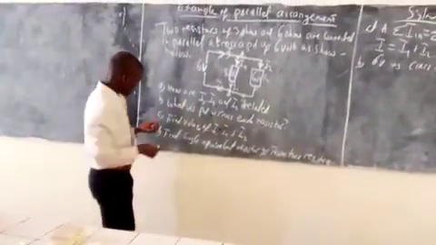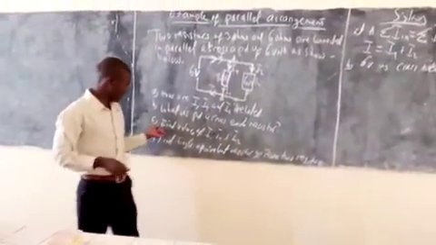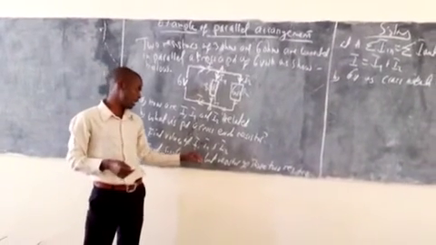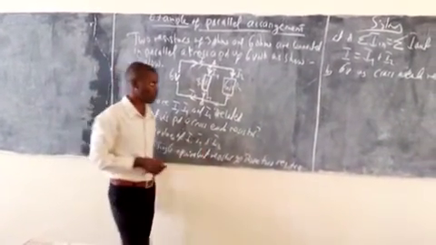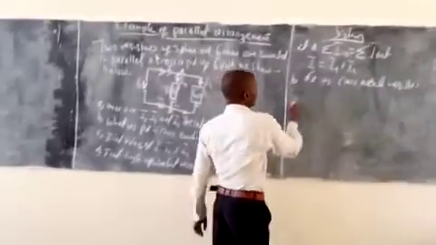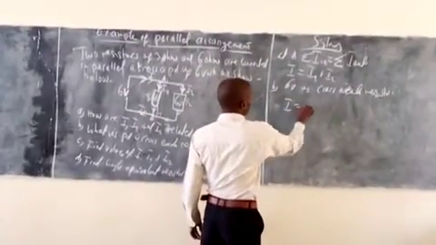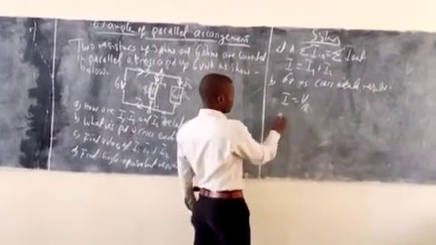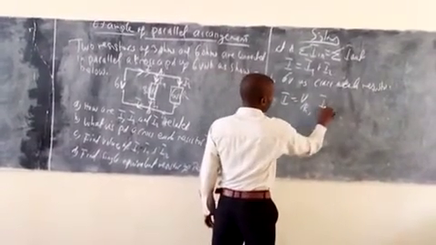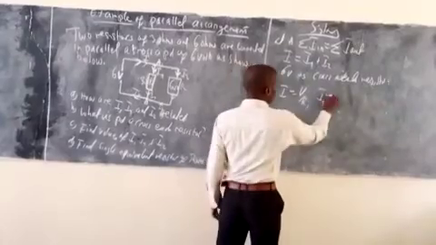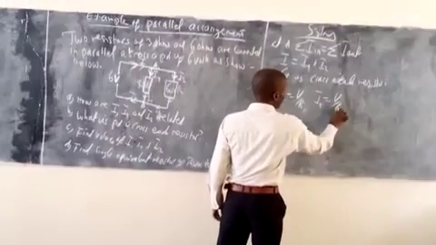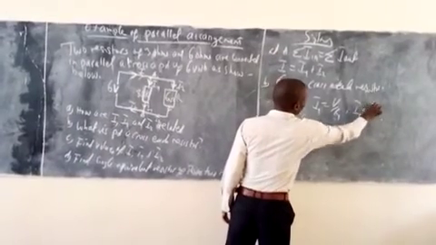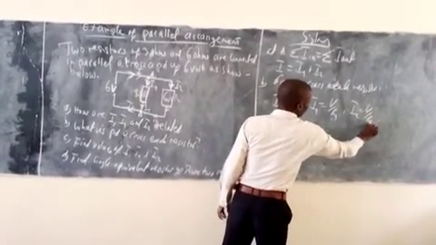So number C, find the values of the currents I1 and I2. We know that I is equal to V divided by R. So I1 will be equal to V divided by R1, while I2 will be equal to V divided by R2.